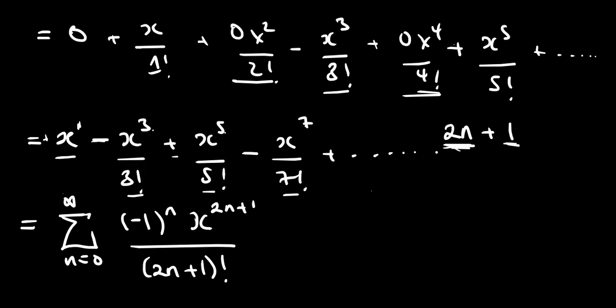The next one, when you replace 1, you just have 2 multiplied by 1, then plus 1, and there's a factorial outside, that then gives you 2 plus 1 factorial, and this will be equal to 3 factorial.